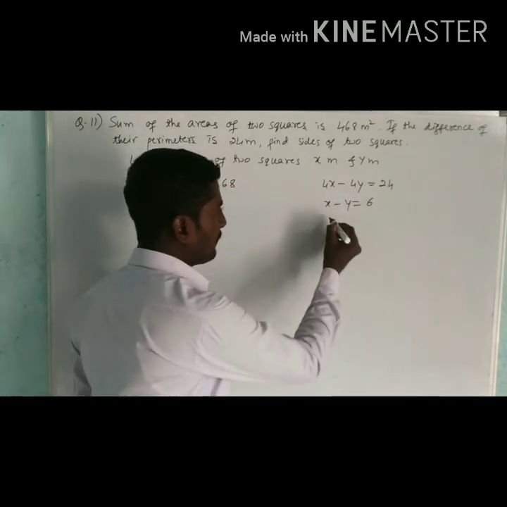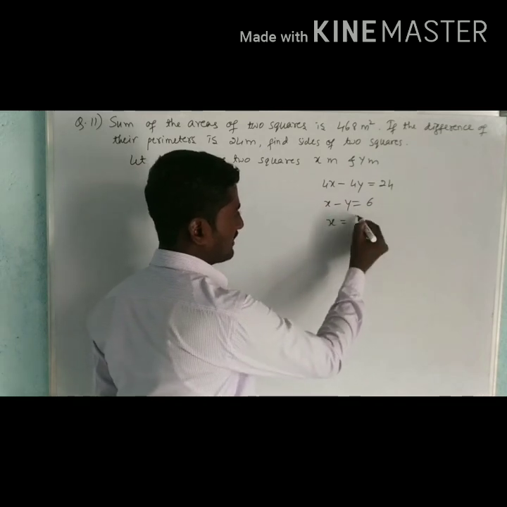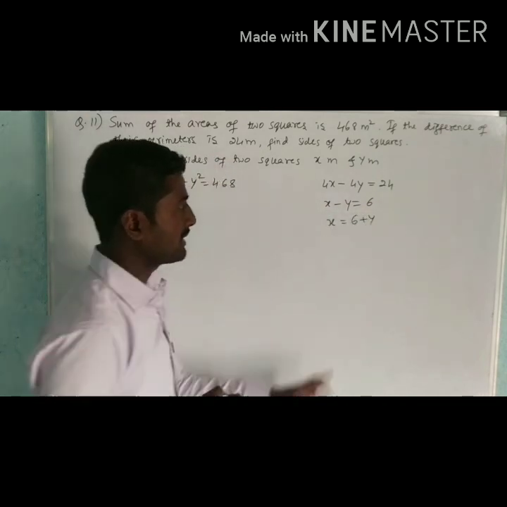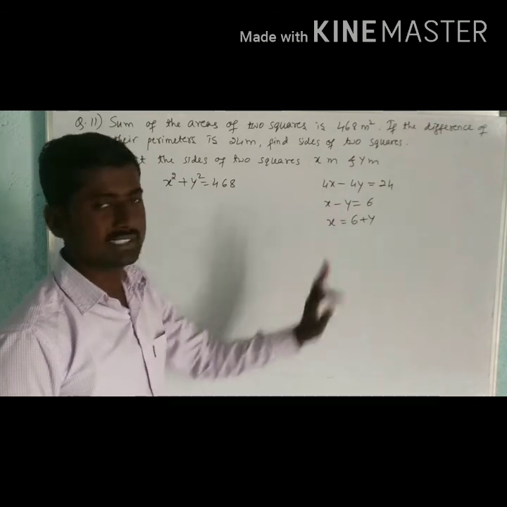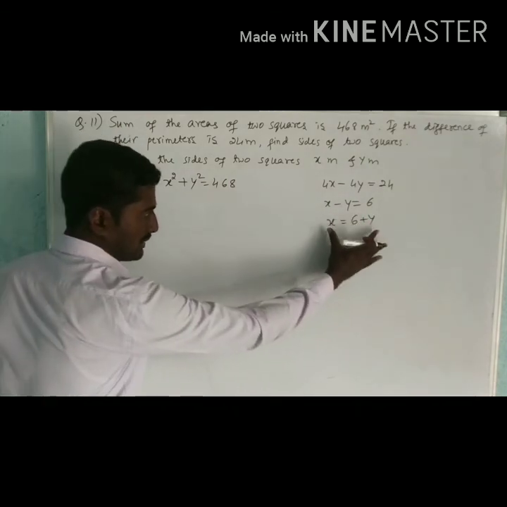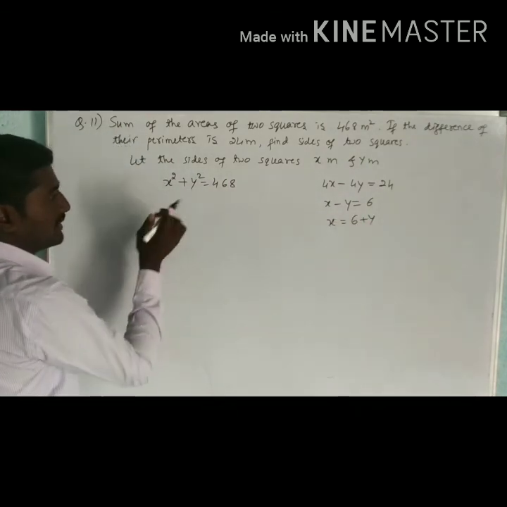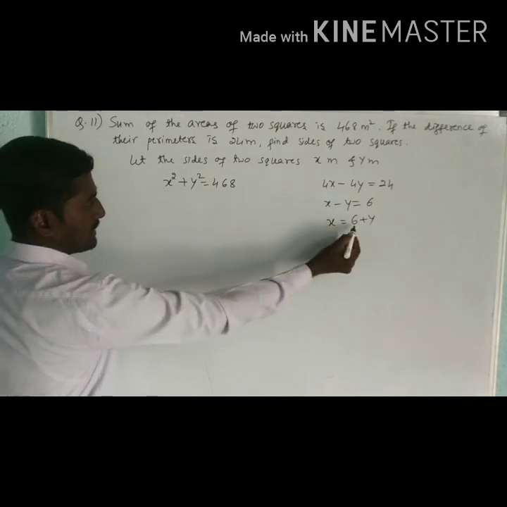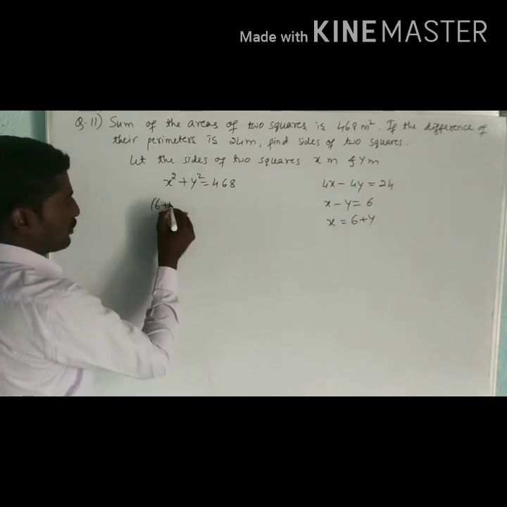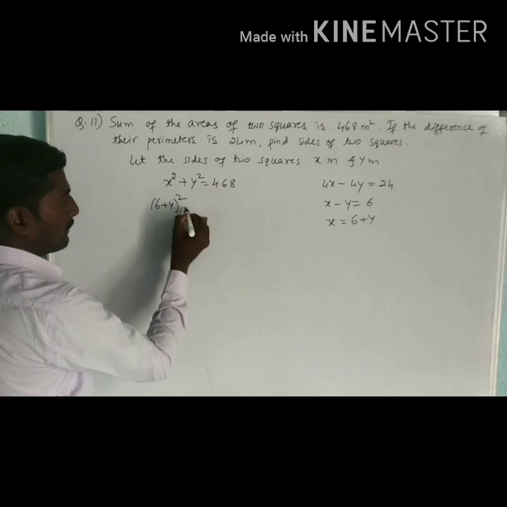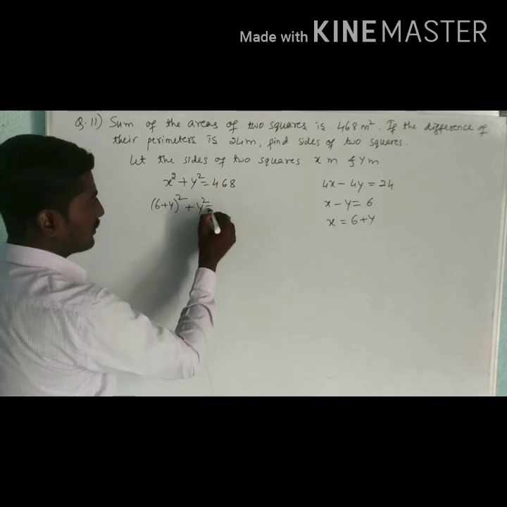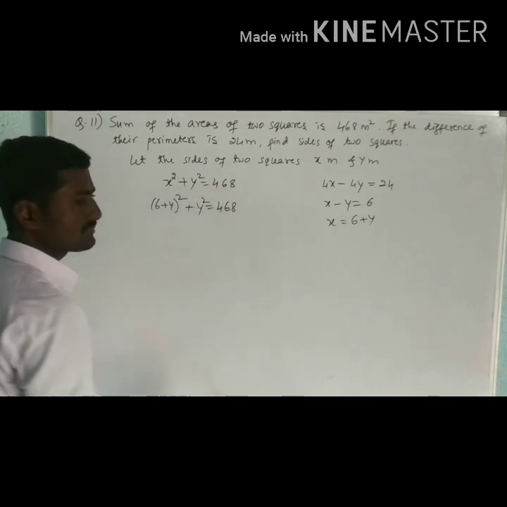Now in place of x I can write 6 plus y, that is x equals 6 plus y. Now substitute this value of x here. In place of x I can write (6 plus y) whole square plus y square is equal to 468.